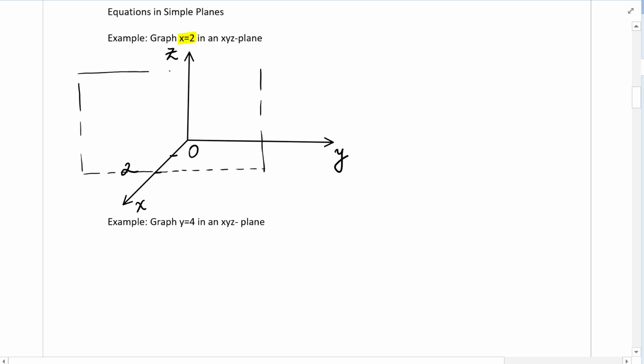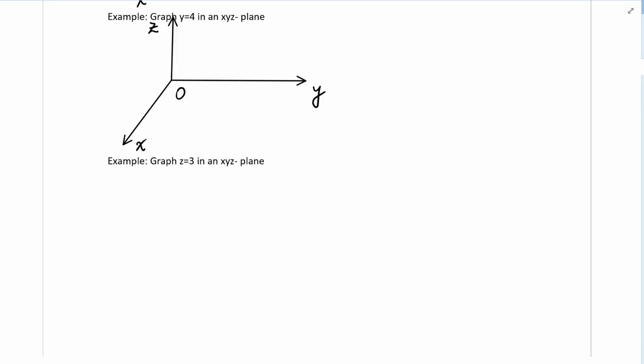So the plane that is represented by x equals 2 is this one, where we can see y can have any values and z can have any values as well. Of course this expands, but we just represent it as a plane like I did before.